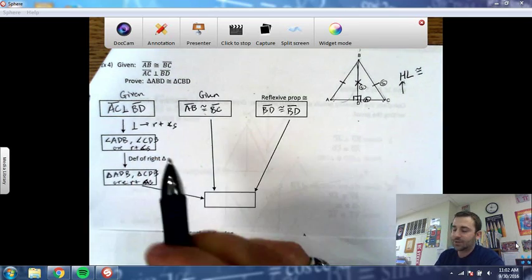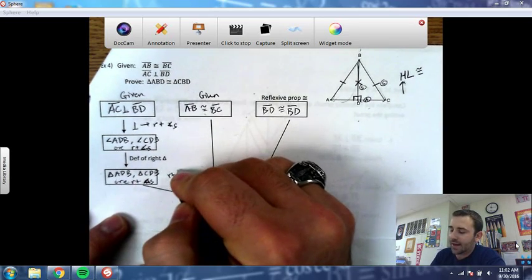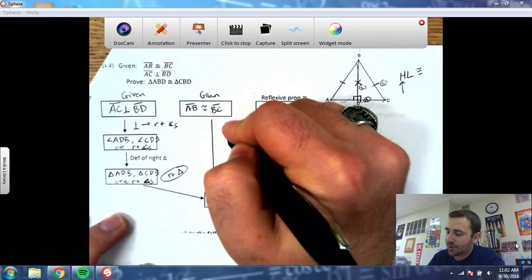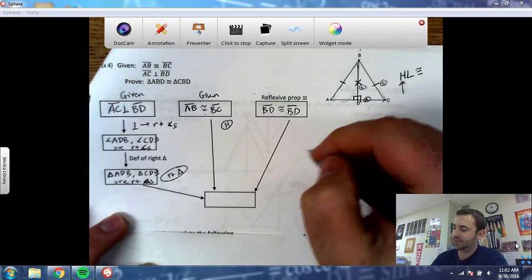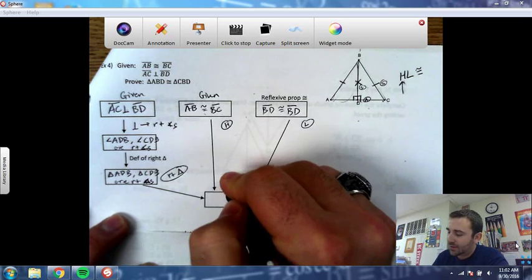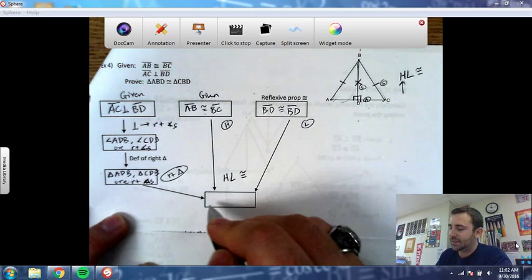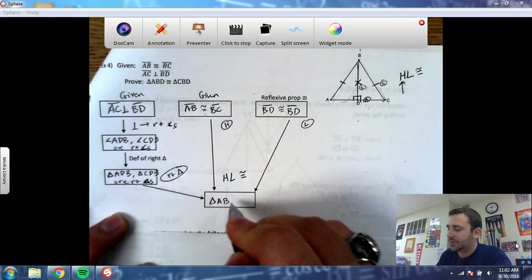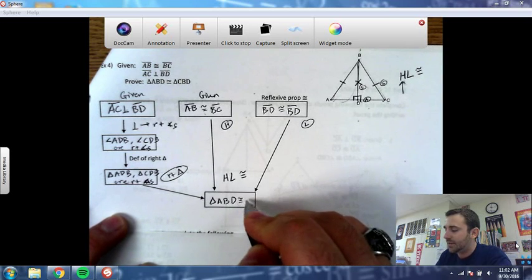So I have to say that I have right triangles in order to have my congruent hypotenuse and then my congruent leg. So then by hypotenuse leg congruency, I can state that triangle ABD is congruent to triangle CBD.